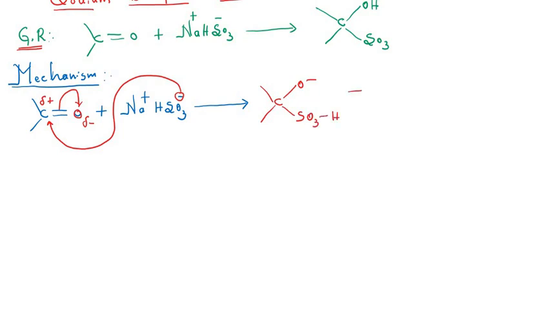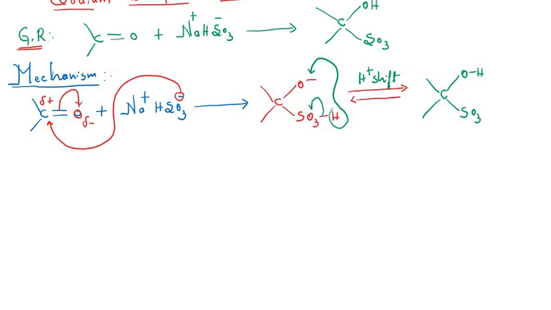So this undergoes a hydrogen shift. This hydrogen moves as H plus to this oxygen. I write H plus shift, and we get the next part of this reaction. Now here I write OH, and here remains SO3, because this bond is migrating to this oxygen as a negative charge.